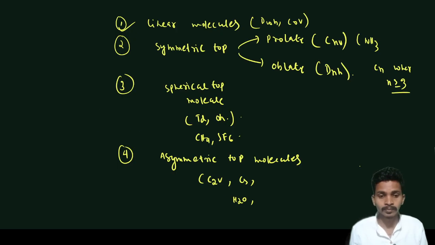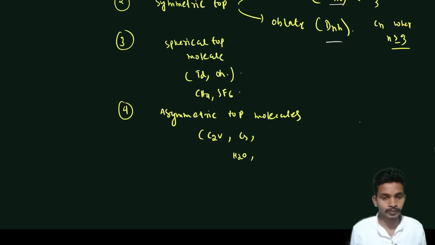So these are the four types of molecules we have, and we have divided which molecules have what type of point groups. We have already discussed this, so in today's class we focus on the center of gravity.